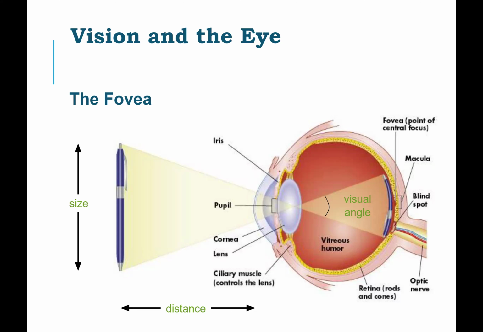Yeah, so if I want to read something in front of me, or look at a face in the back or read that sign in the back, I have to change the shape of this lens in order to focus on different things at different distances. You can't just have a solid lens, because you're taking the light and focusing it on your fovea.